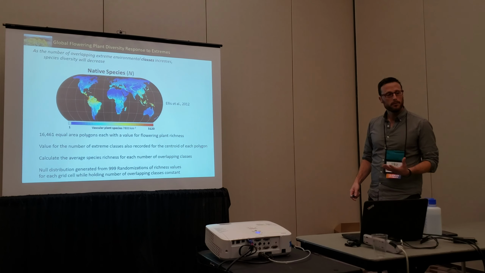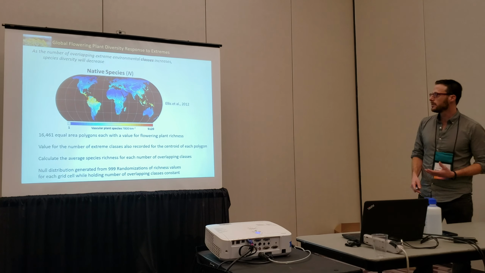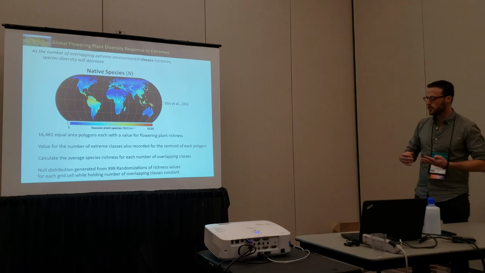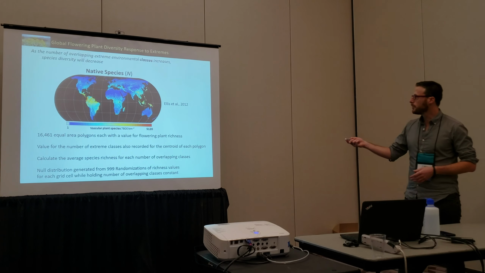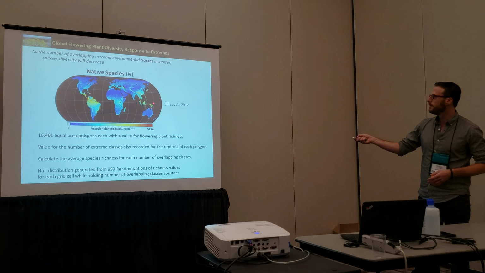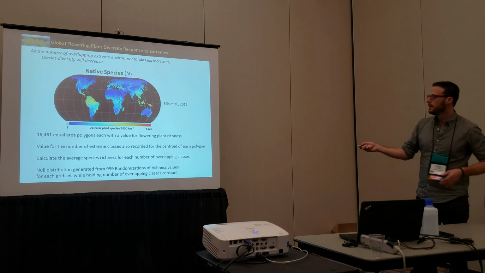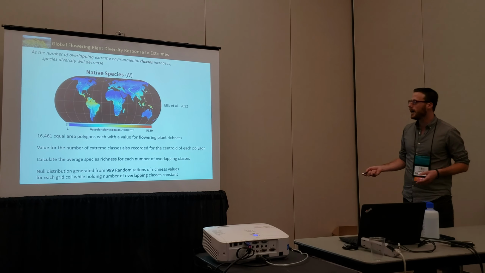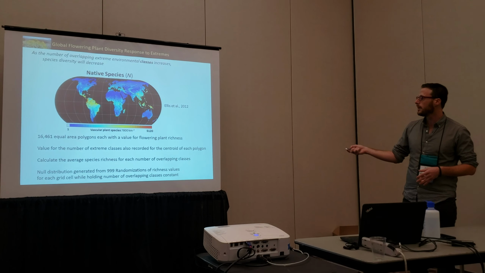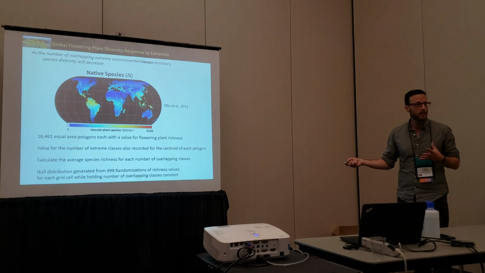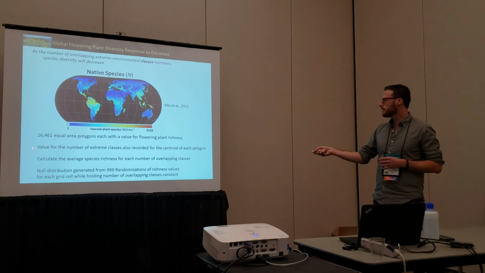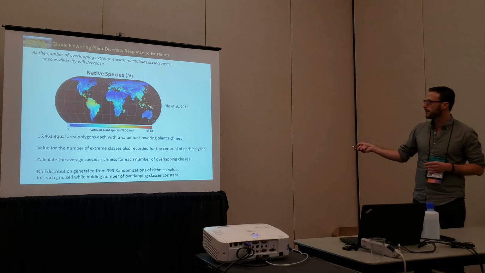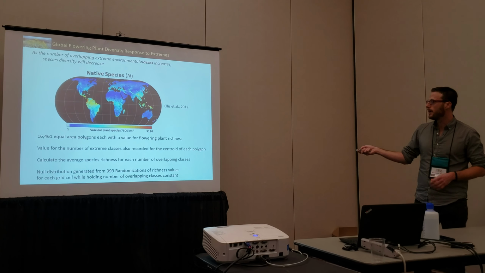So in order to do that, we decided to tackle the second of those questions, whether as you add extreme classes, you get more or less species diversity. We took the species diversity map of Ellis et al. 2012. This consists of 16,500 equal area polygons for the entire globe, with a value for flowering plant richness for each of those. So we took the value of flowering plant richness from the centre of each of those polygons.